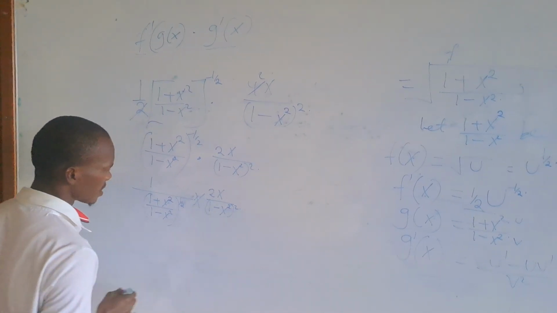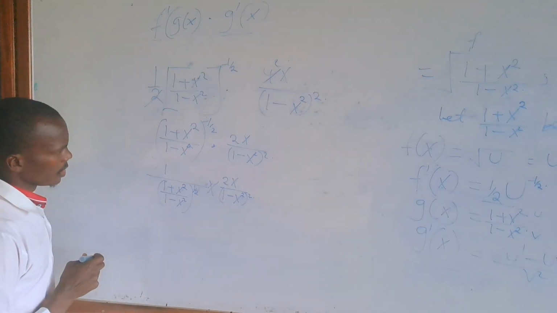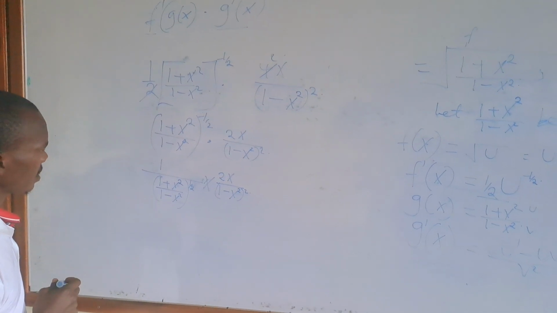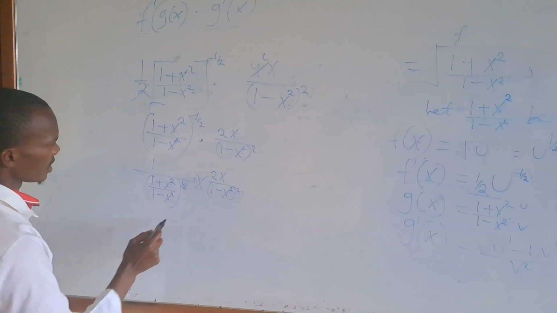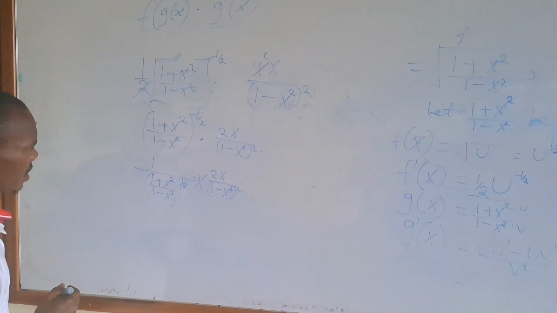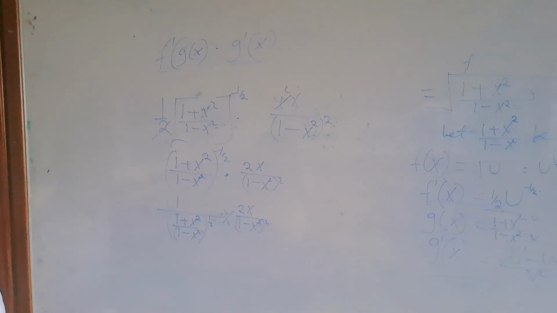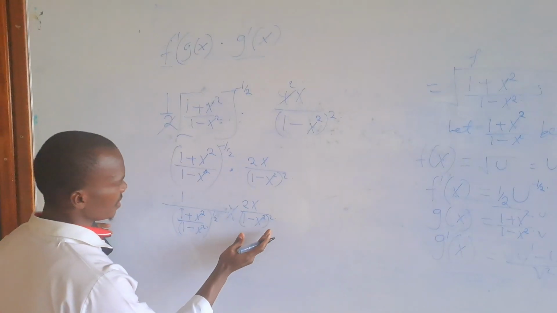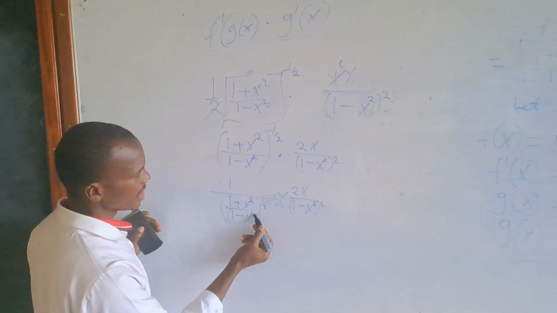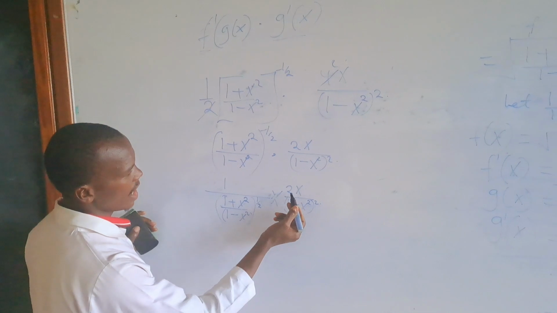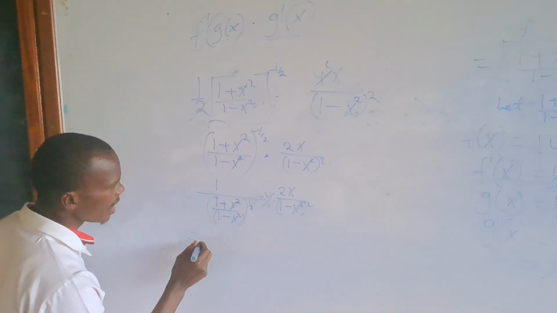Then we square that. So from there we can multiply this times that, and also that times that. So this one is very simple. You can either leave it, you can either multiply this times this and this times that, then you leave your answer.